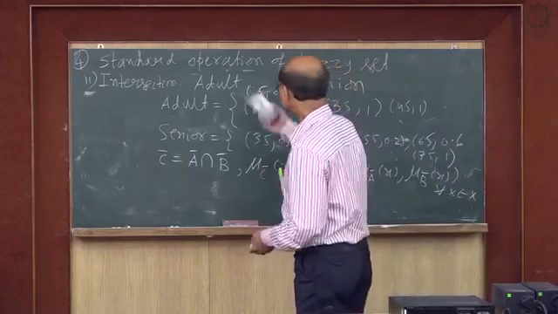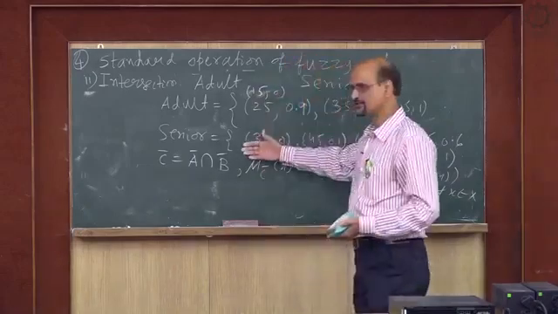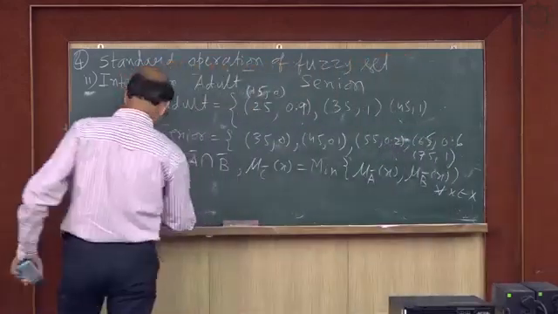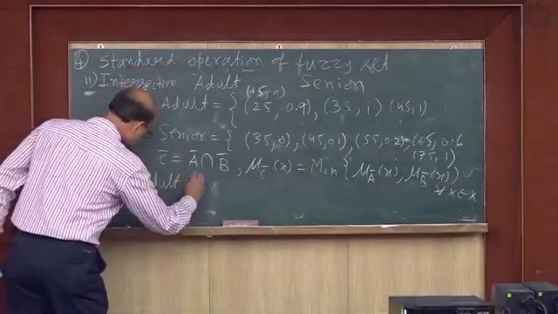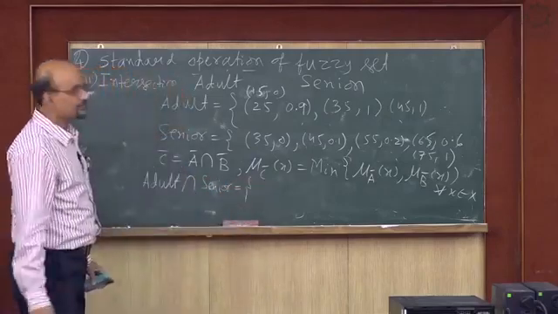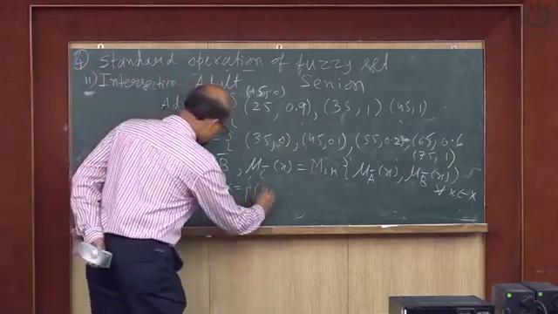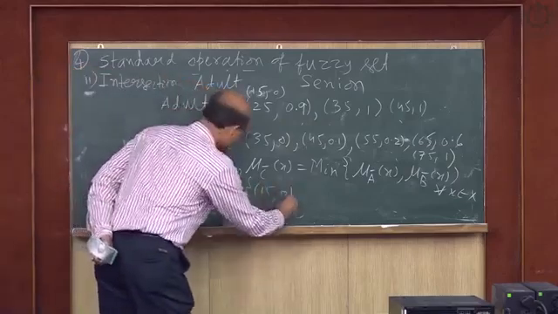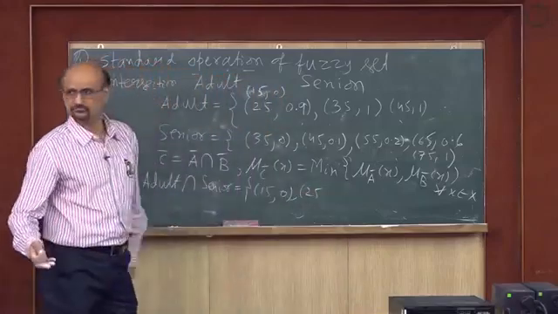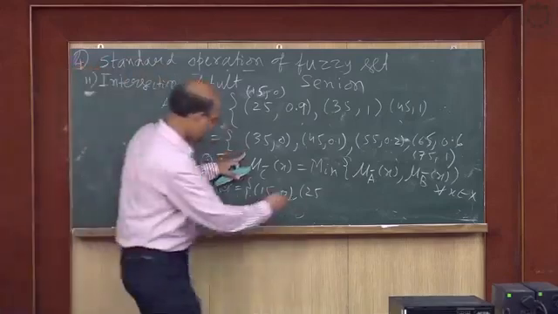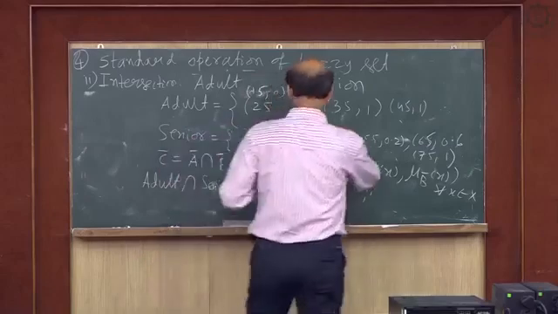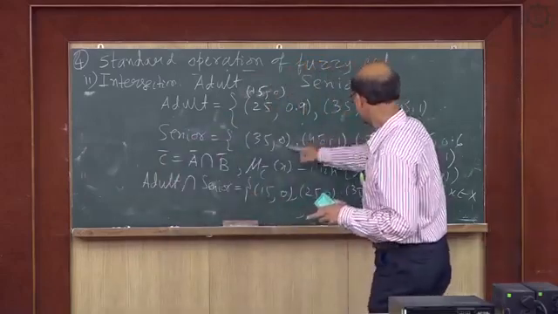Okay. Now, find for these two fuzzy sets what is the intersection, adult and senior. So, adult intersection senior. It will be 15 0, 25 0, because here 25 is not there, 25 0, 35, see 35 is there in both, 35 0, 35 1.